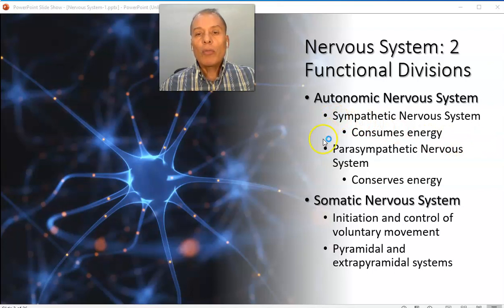So the autonomic nervous system has two divisions. One is called the sympathetic, and one is called the parasympathetic. So the sympathetic system is the one that makes the body exert energy. It makes it burn and consume energy to make it continue to function.